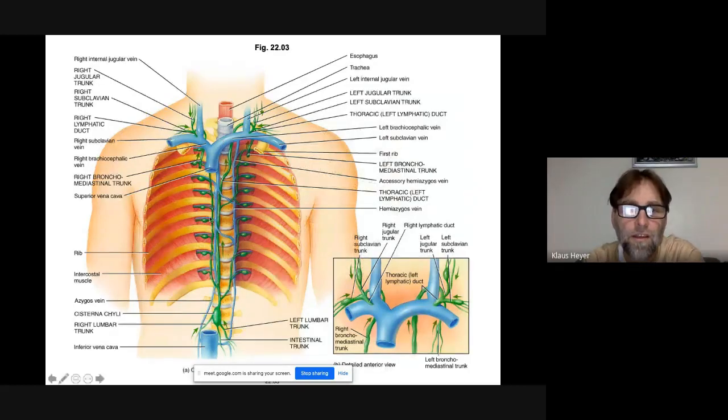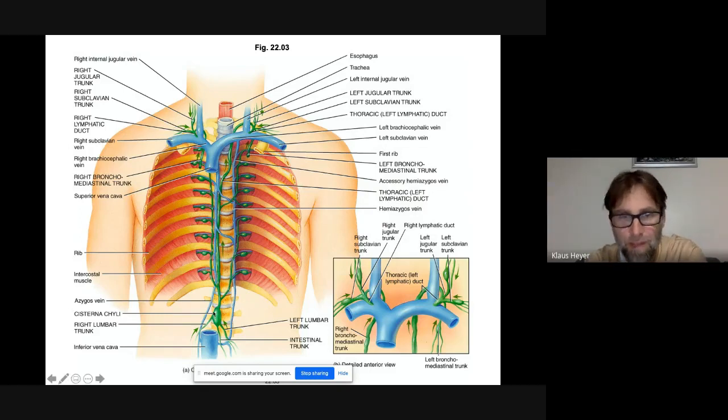So there are the 2 biggest parts. If we were to make a comparison to arteries, we don't use the word arteries, we'll say duct. There are 2 big ones.